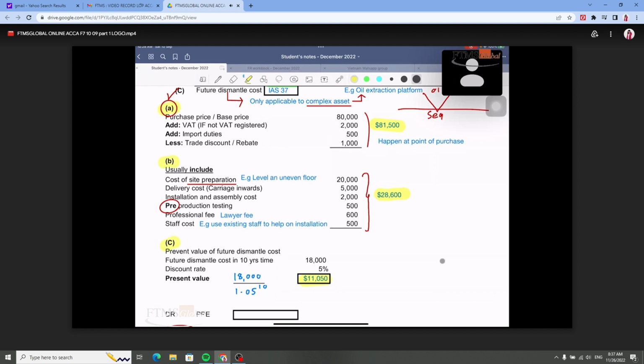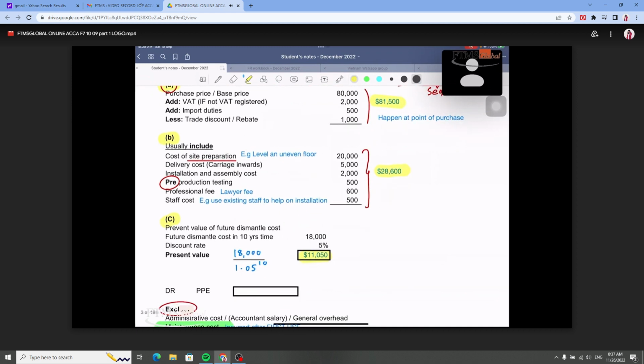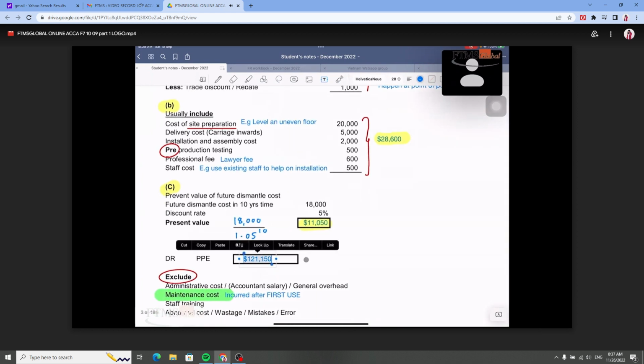So therefore, the amount that I can debit to my PPE will be about 121,150. How do I get it? It's equal to 81,500 plus 28,600 plus 11,050.